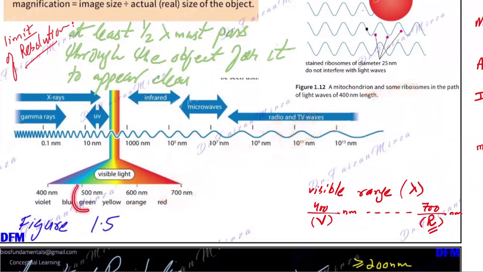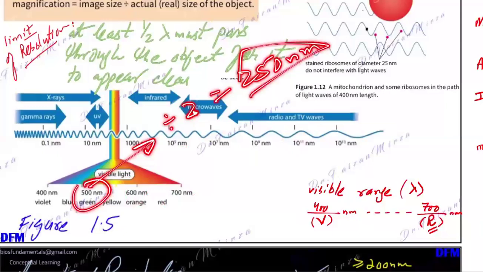Similarly, if I'm using a monochromatic light of 500 nanometers, half of this wavelength of 500 nanometers will be 250. In this case, my limit of resolution becomes 250. So any object smaller than 250 will not be visible to me, but all the objects larger than 250 nanometers will be visible using a specific wavelength.